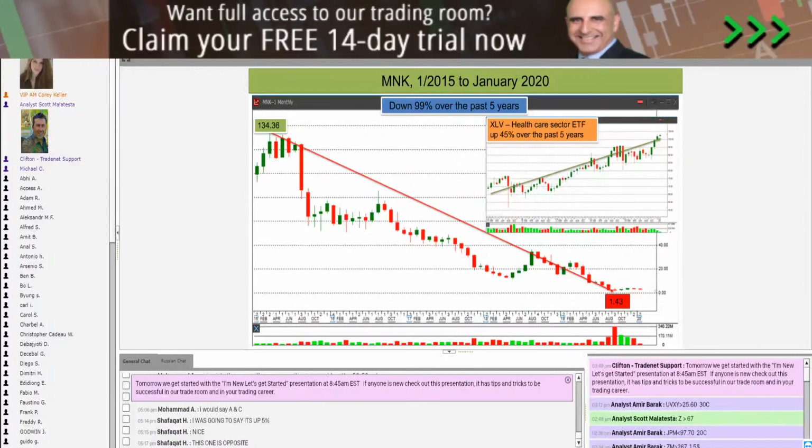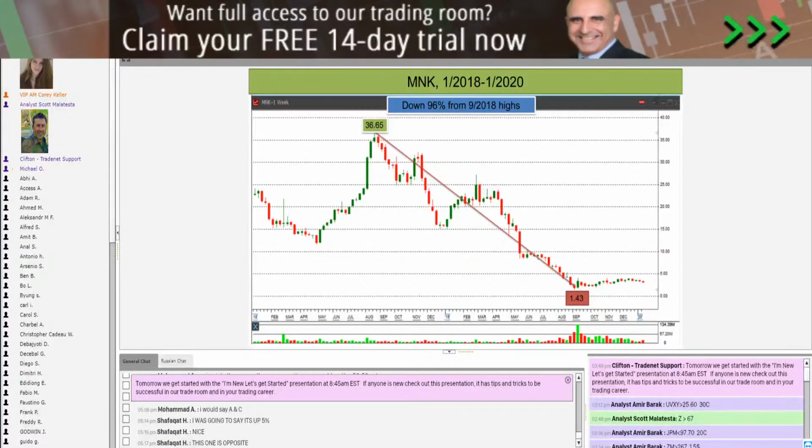Any description won't be as embarrassing as this chart. The chart embodies the embarrassment of the owners, if there are any owners in this company. In 5 years, the stock is down 99% or 98%.